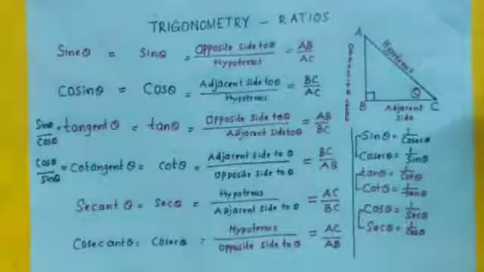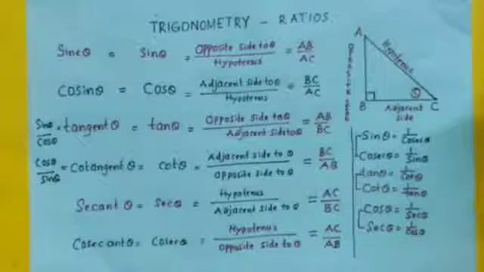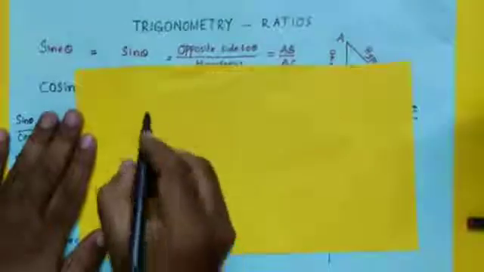You have to remember this, and this is the first concept in our trigonometric lesson. With the help of this concept, we have to complete the exercise first. Is it clear for all? In our chapter, we have 4 concepts.